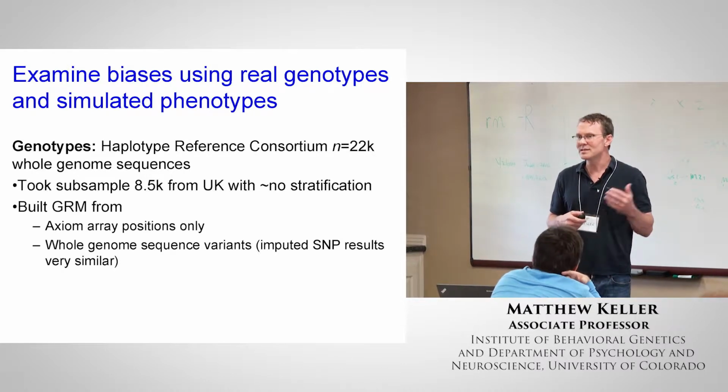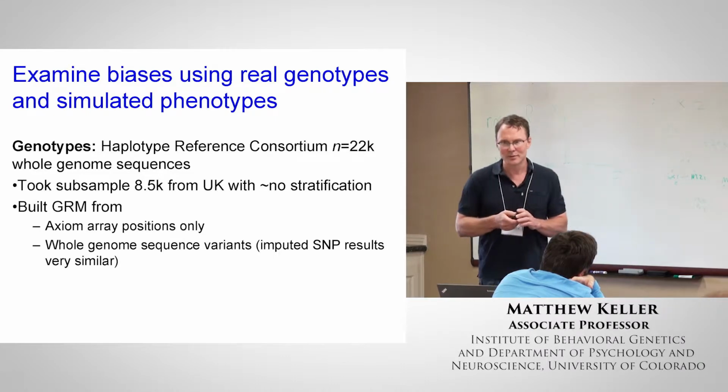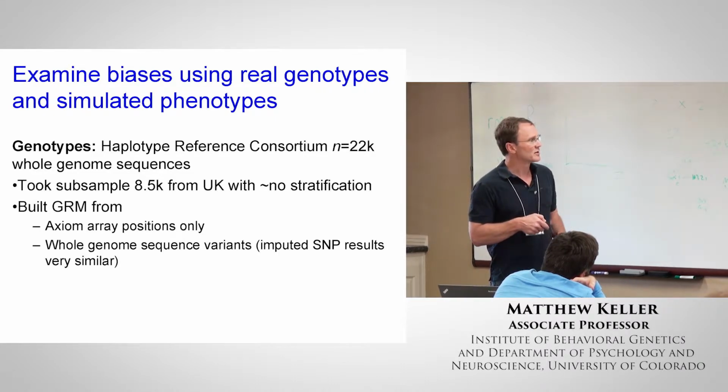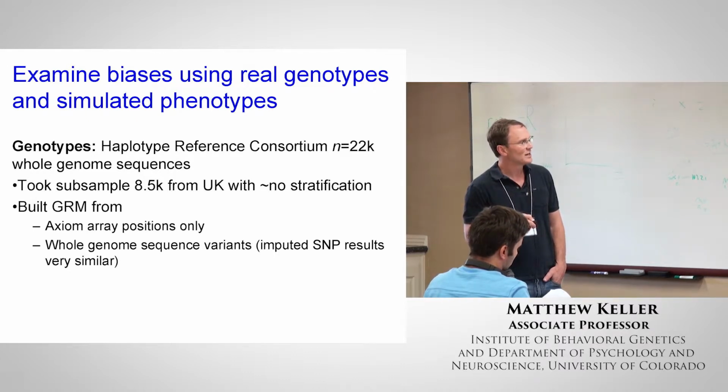So we've done this. I'm just going to focus on some of the work that we've done with GRML, and in particular here with minor allele frequencies of causal variants versus the GRM versus the SNPs. We took a sample of 8,500 of those from the UK with basically no stratification.